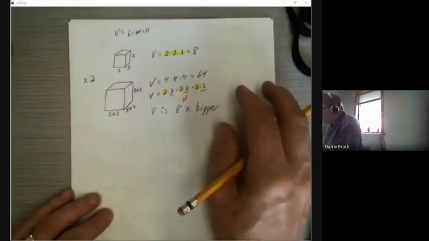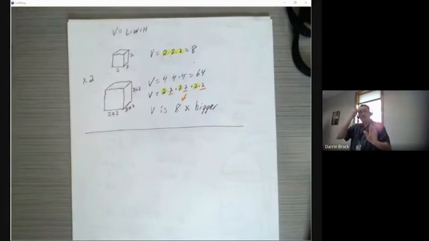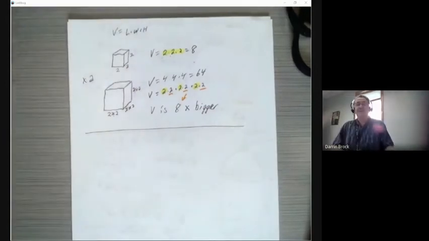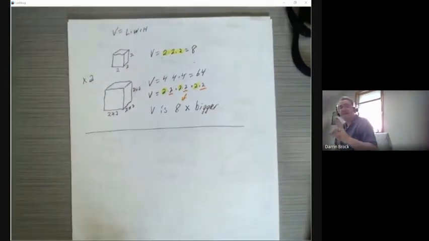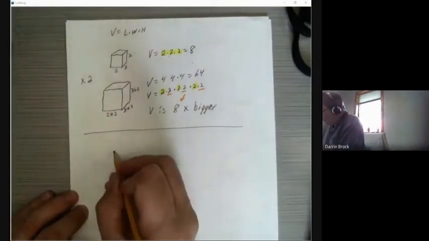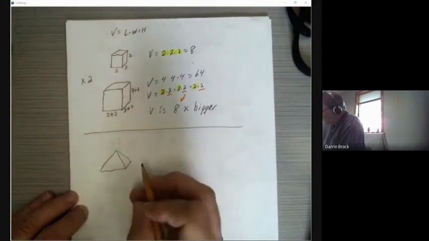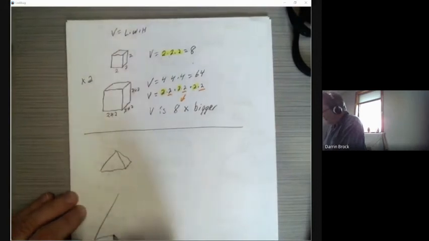So they're going to ask you a question like that, asking how many times bigger. And then they're also going to try to fool you because they're going to ask the same question 2 different ways. Then they're going to say, okay, I've got a pyramid, or whatever shape they use. I think it's a pyramid. And now I've got a bigger pyramid.